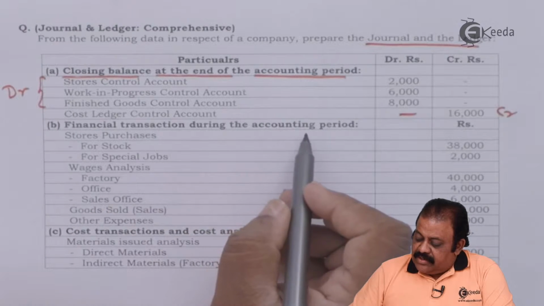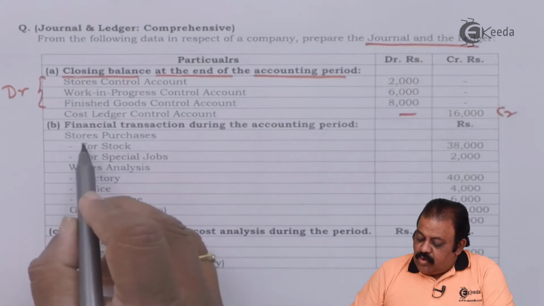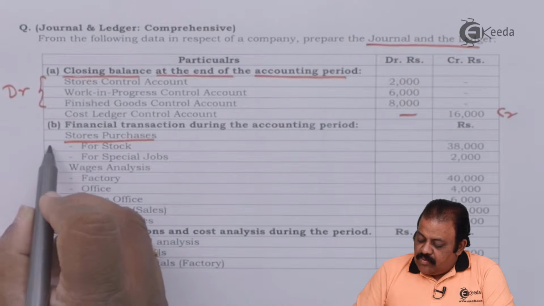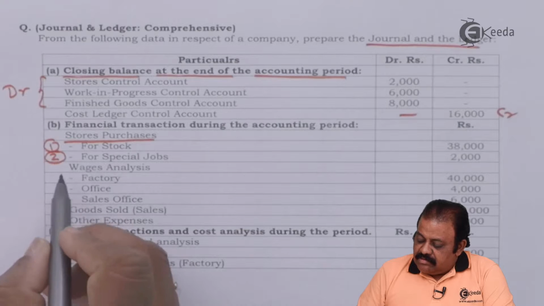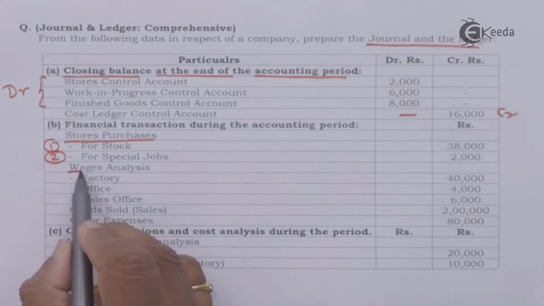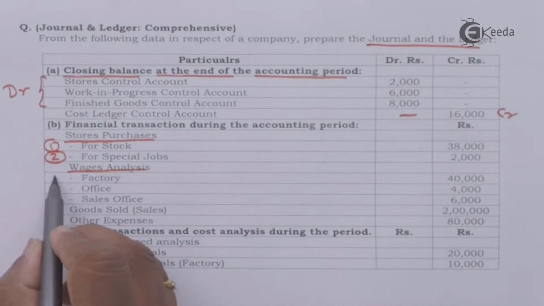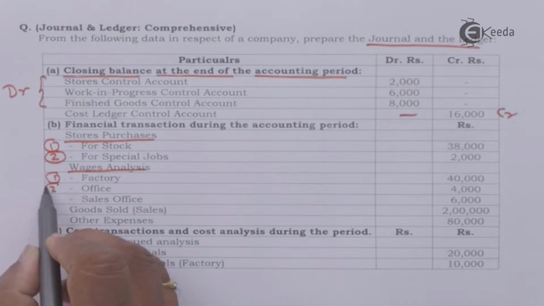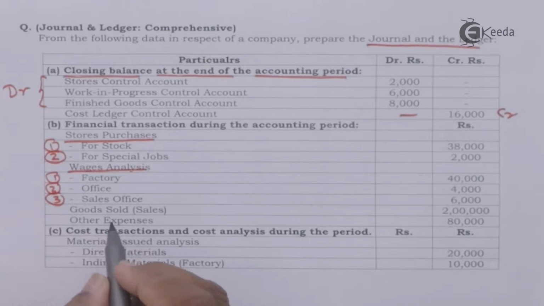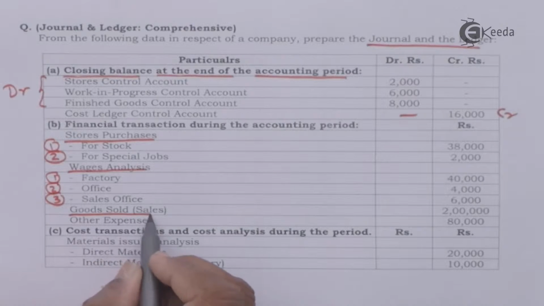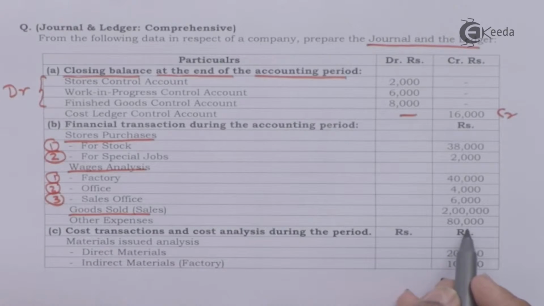Financial transactions during the accounting period: store purchases for stock, for special jobs; wage analysis: factory wages, office wages, sales office wages; goods sold, sales, other expenses.